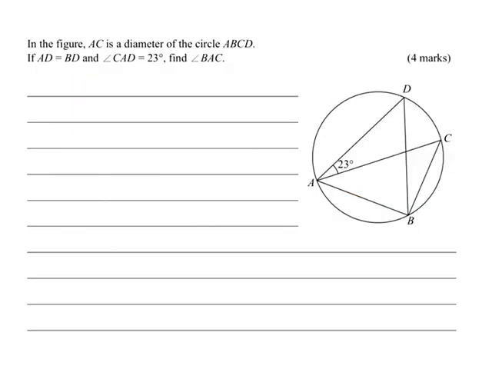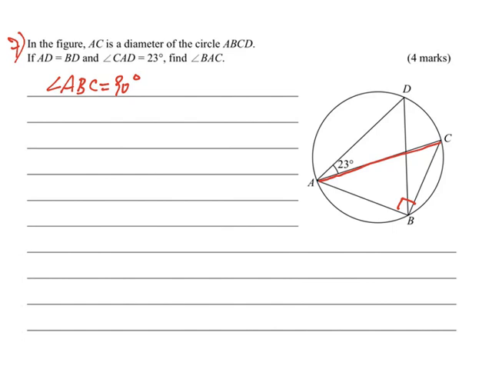Next question is about the circle. For this question, AC is a diameter. AC is a diameter, so we know it is a right angle. Immediately we can know angle ABC is a right angle, 90 degrees.